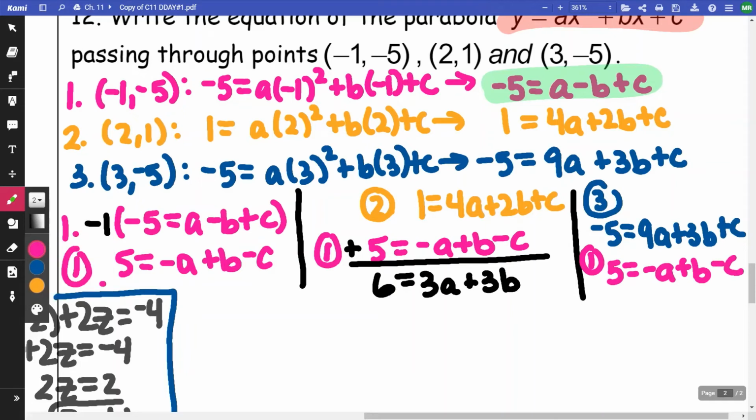Add these two equations together, and I'm going to get 0 is equal to 8a plus 4b.